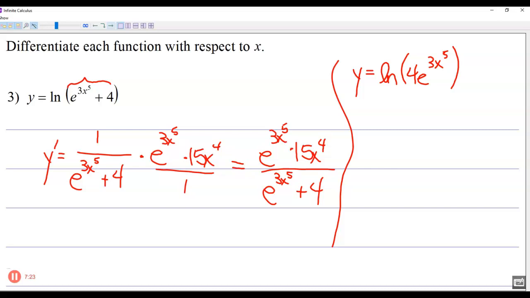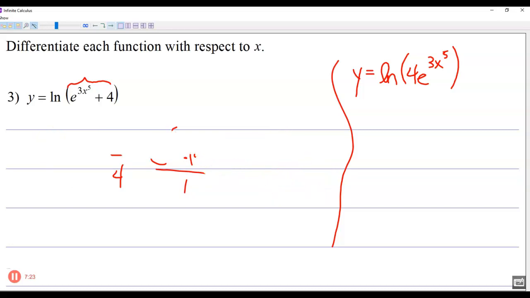Okay. So you guys, I don't know if you picked up on that, or I'm not sure I've done a great job of mentioning this part, but if you have a constant in front of, let's say it's 4e to the x, that 4 is just going to drop straight down and hang out there. But I can show you why. If I did product rule here, think about 4 as your first chunk and e to the x as your second chunk.